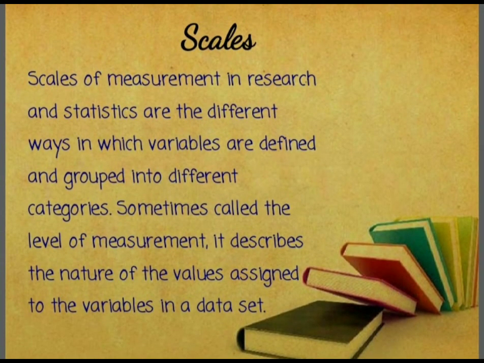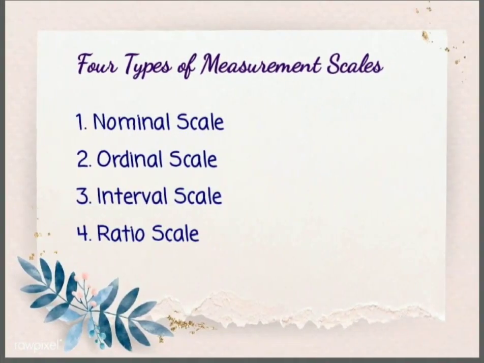Scales of measurement in research and statistics are the different ways in which variables are defined and grouped into different categories. Sometimes called the level of measurement, it describes the nature of the values assigned to the variables in a data set. 4 types of measurement scales: nominal scale, ordinal scale, interval scale, and ratio scale.